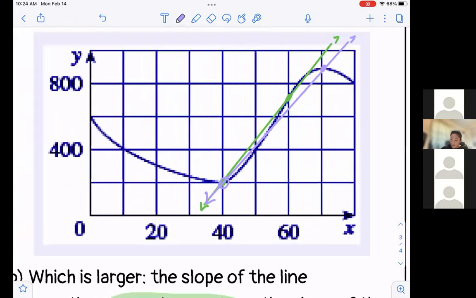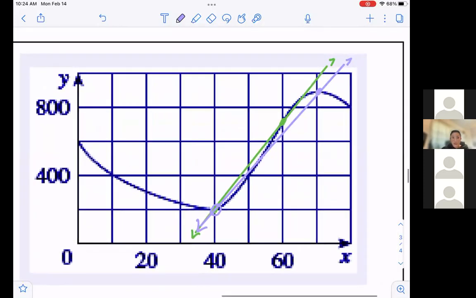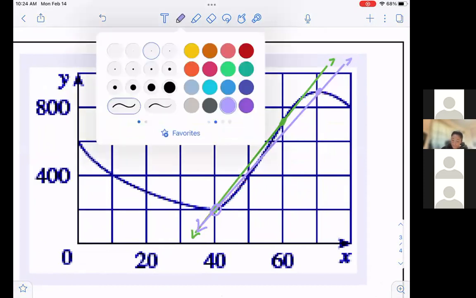Now that we've drawn them, what do we think? Which one has a greater or larger slope? Yeah, now that we've drawn them, we can see, right? This green one is a little bit steeper than the purple one. It just goes up a little bit faster, okay?